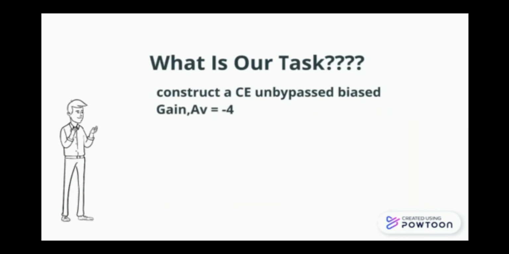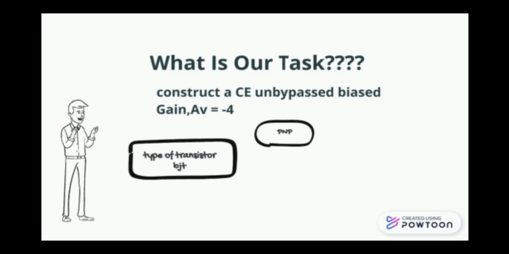Okay, let's see our next task. We need to make a gain of -4. What does this mean? That means we need to choose whether to use a PNP transistor or an NPN transistor. As we know, for BJT we have two types of transistor, PNP and NPN.